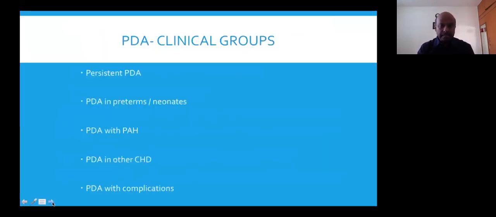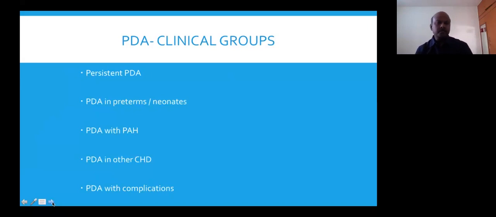So these are the clinical groups with PDA, and the reason we have grouped them is because the symptomatology differs in each of these groups. Persistent PDA is considered one where the ductus continues to remain patent beyond the physiological period when you would expect it to undergo closure in the immediate neonatal period.